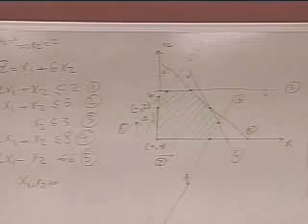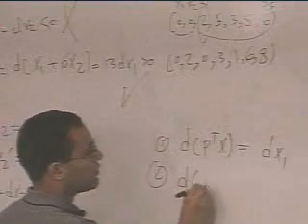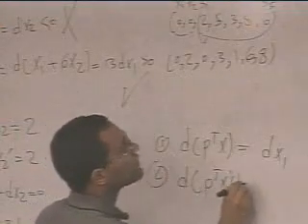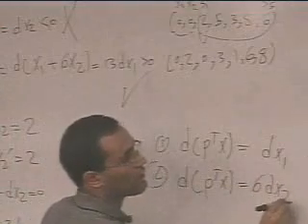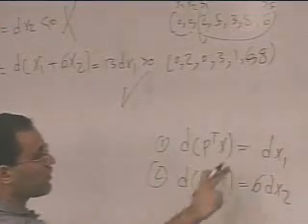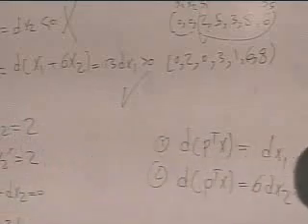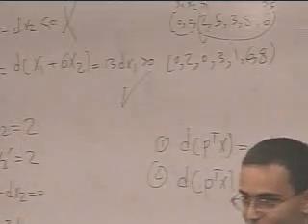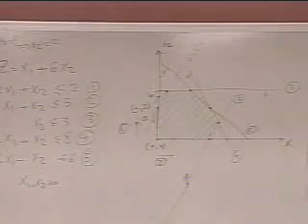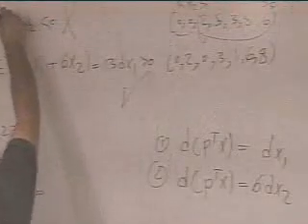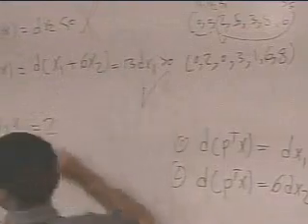In direction 2, this thing turned out to be 6 dx2. So 1 and 6 is the same as 1 and 6 here. This was just a coincidence. It's not always happening like that. In this case, this is 1 and this is 13, which has nothing to do with the numbers here.